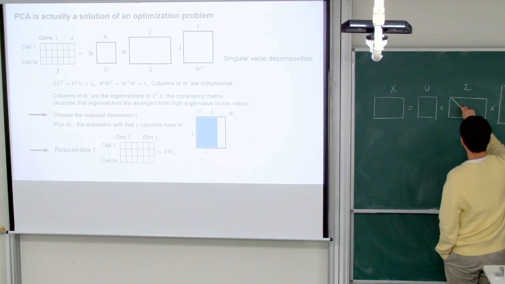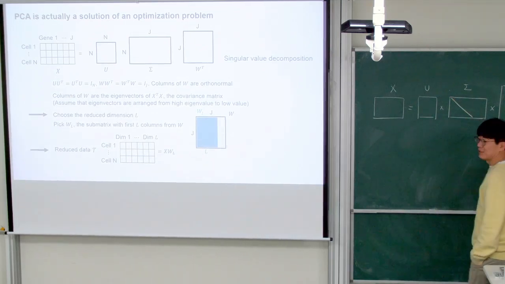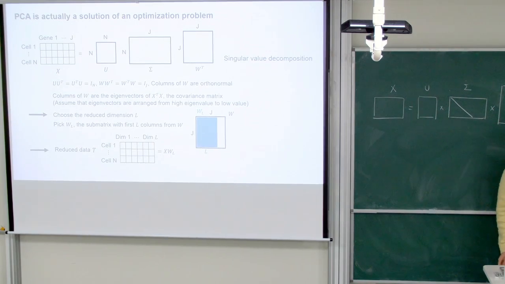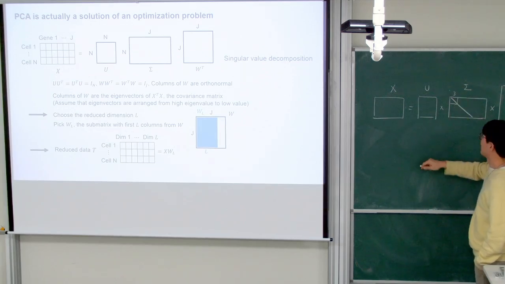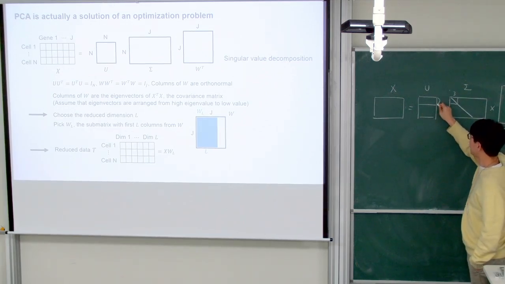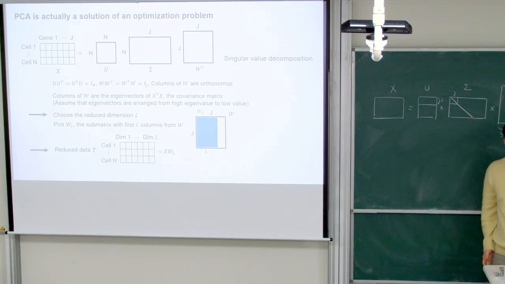If we select, let's say, 3 columns here, it means we select the 3 diagonal components, the 3 rows.